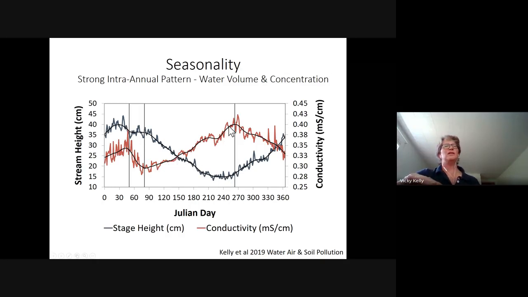And the conductivity is a representation of the total concentration of ions in the water, including chloride ion. So we think that the wild swings in concentration from year to year in that graph are possibly due to differences in the level of water in the stream in those years.